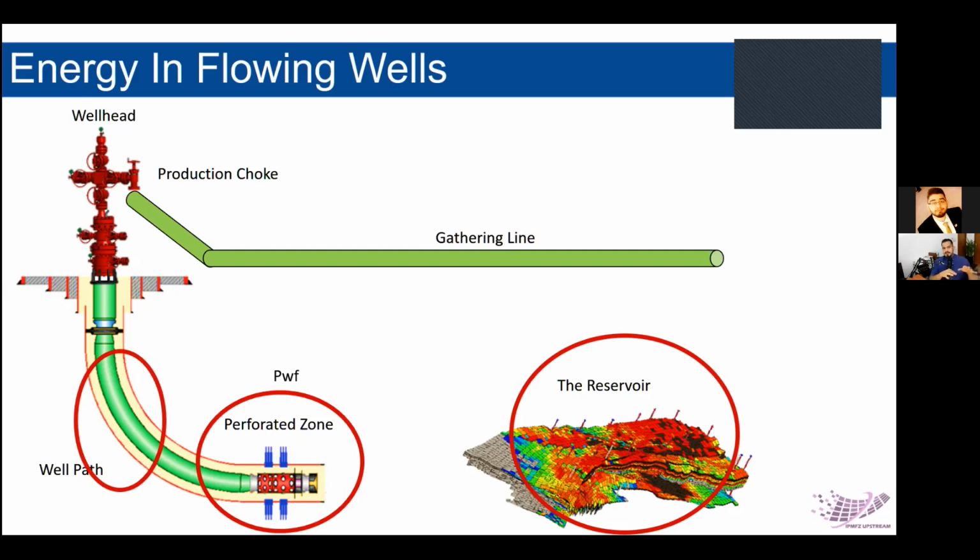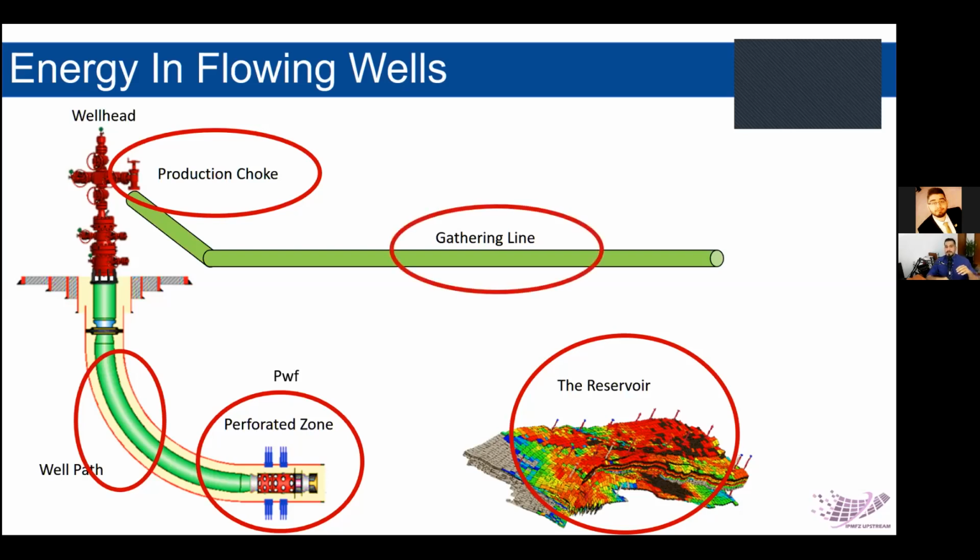In this image, it's a deviated well, but it could be a vertical well as well. It does not matter. You will have a pressure drop there. You will have an additional pressure drop at the wellhead itself, because you have installed a choke there to control the flow. It will induce a pressure drop. You will have to deal with that as well.